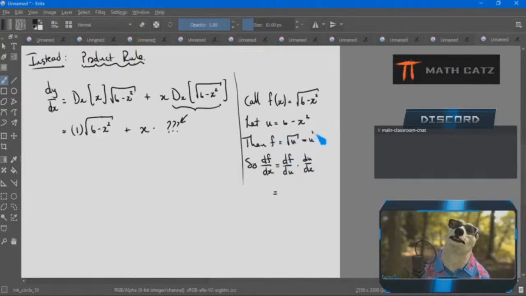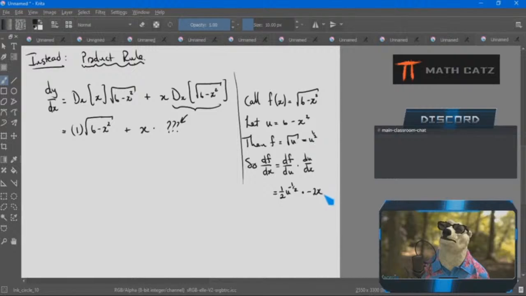Perhaps I want u to the 1/2. Perhaps I've memorized the root u derivative. I don't really know which one's better. I try not to memorize something, and if it happens automatically, great. At this stage, perhaps you'll go power rule. Perfectly fine. Then the derivative of u with respect to x, well, I see that up here.